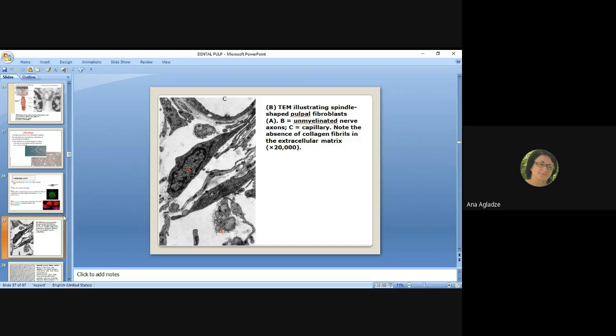They also produce the intercellular substance consisting of glycoproteins and glycosaminoglycans. The morphology of pulp fibroblasts is dependent on their particular function. Many actively producing fibroblasts are found in young pulp, and these have a well developed rough endoplasmic reticulum and a well developed Golgi apparatus.